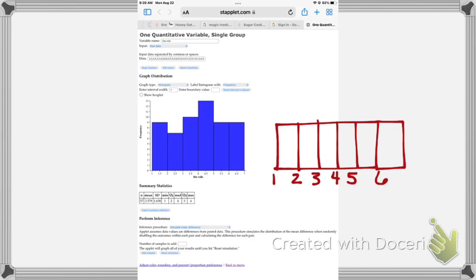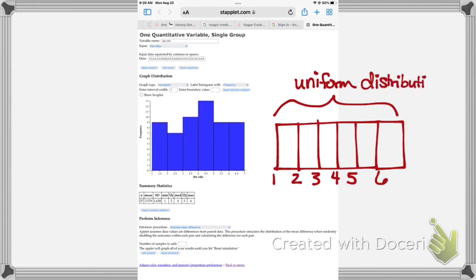I'll write that down more formally on your sheet here in just a moment. This is what's called a uniform distribution.